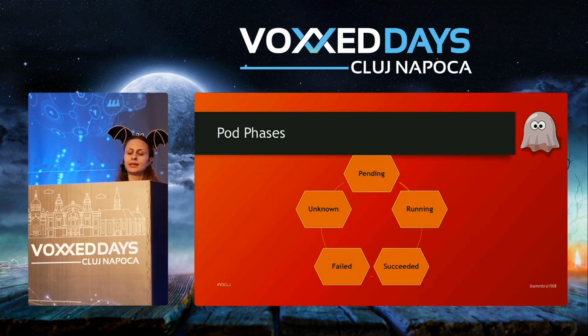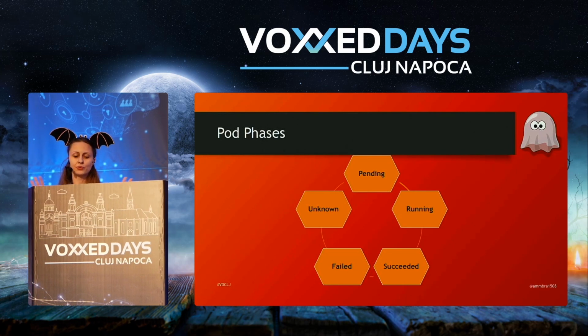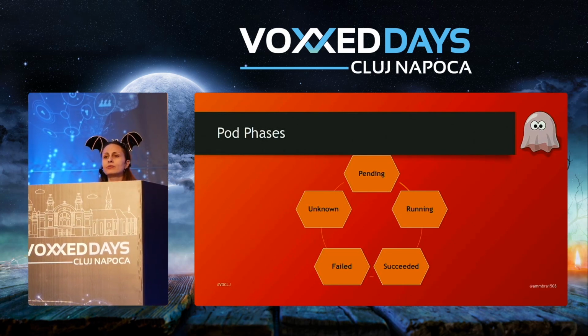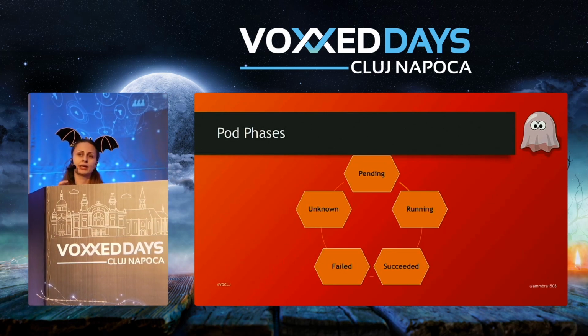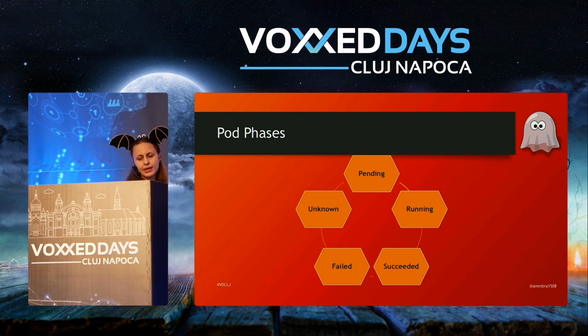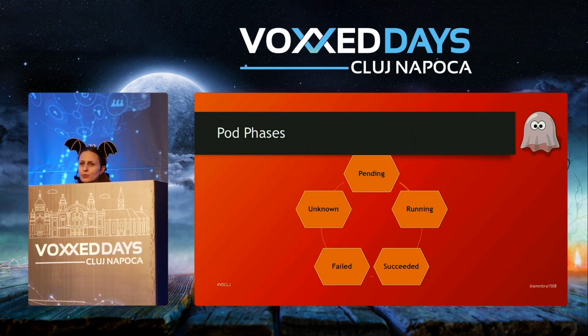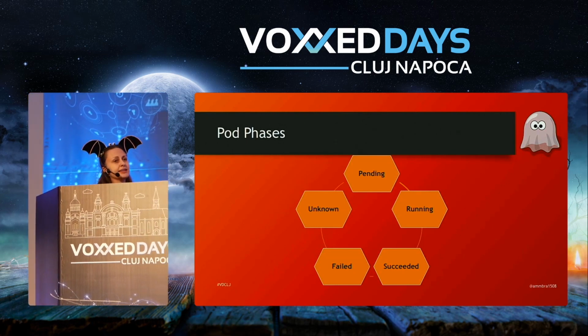Then we have running. This is the best of the phases that we want to achieve. We want our application to be always running. It means that all the containers in the pod are created, or at least one is created if your deployment has multiple pods. Of course, there's also succeeded. This means that your application is done with what it did, it has done the right things, and it ended up successfully.